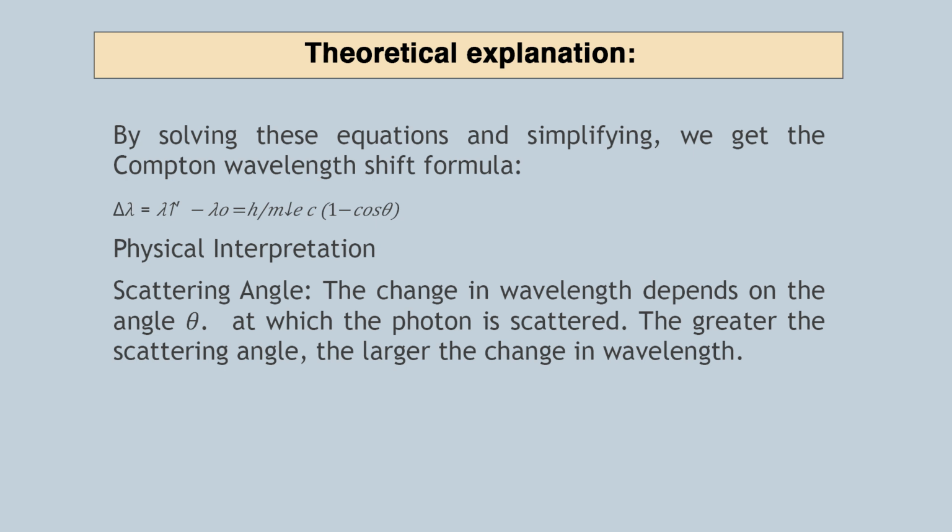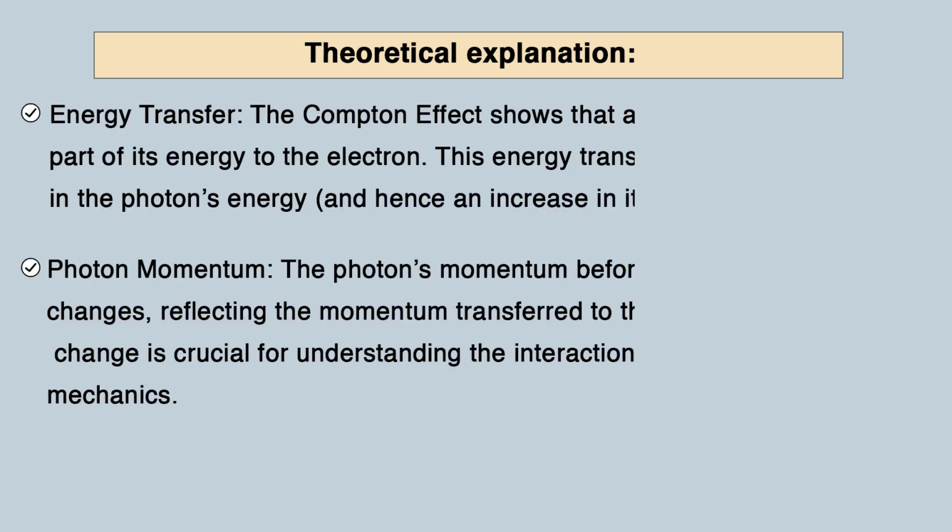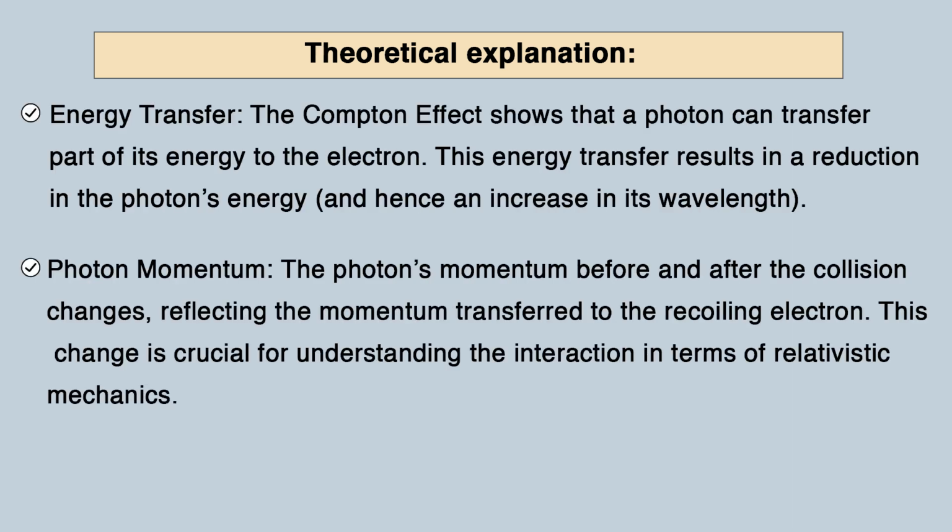Now we will discuss the physical interpretation. Let's start with the scattering angle. The change in wavelength depends on the angle theta at which the photon is scattered. The greater the scattering angle, the larger the change in wavelength. Now discuss energy transfer. The Compton effect shows that a photon can transfer part of its energy to the electron.